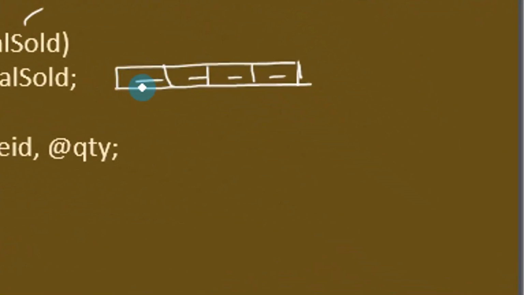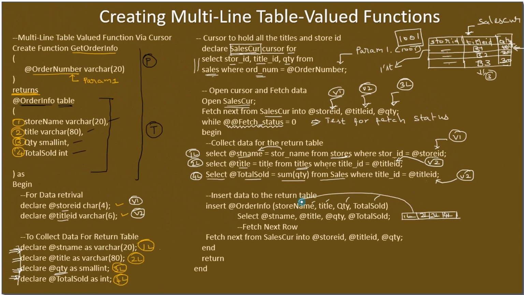That means here it will be filled with 1L, 2L, 3L, and 4L. Right. So the select will fill all these 4 columns. This will map to our quantity, total sold, all those stuff, and this record will get inserted into our in-memory table. All right.